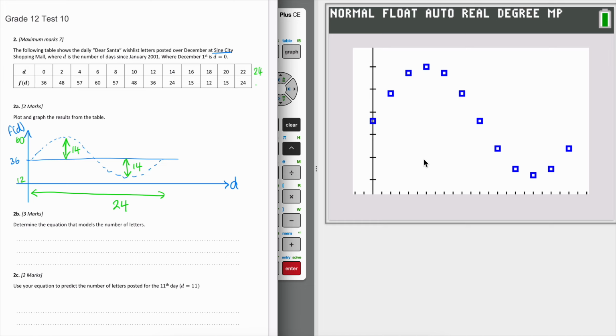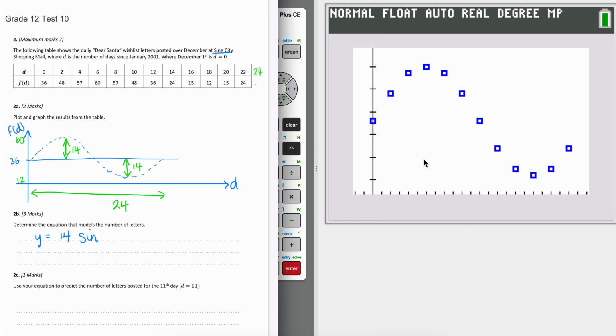So we know that it's going to be of the form sine x. Now, when we model with sine x, the amplitude is the first part, which is how far up and down it is. So that is our 14. Then we have our sine x, or sine of the period.